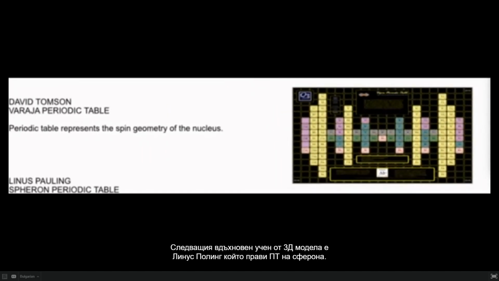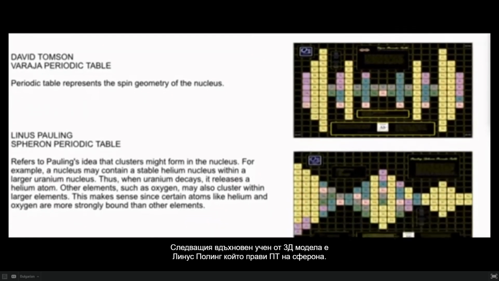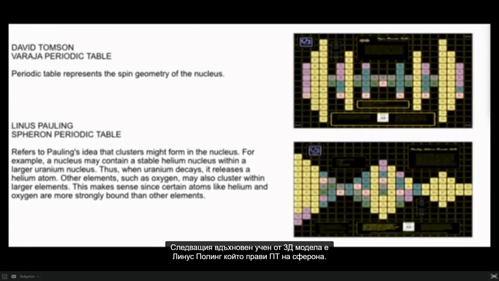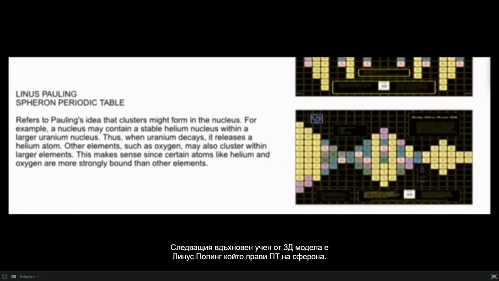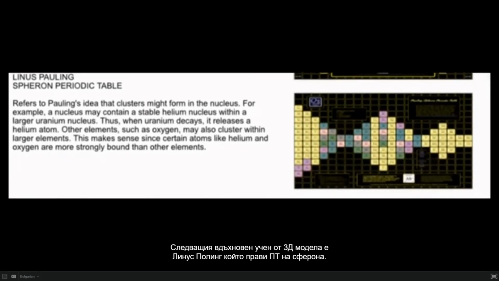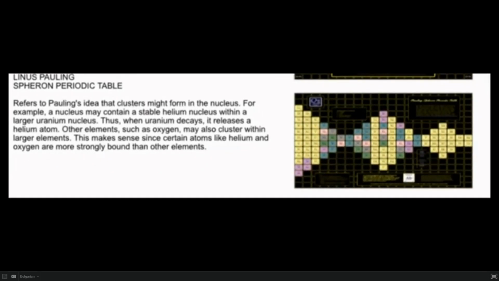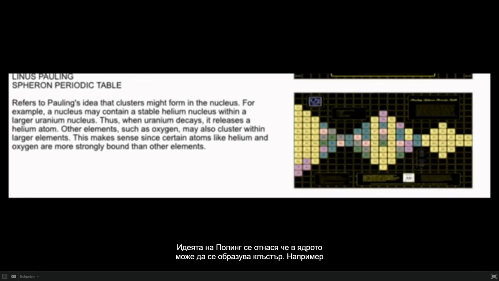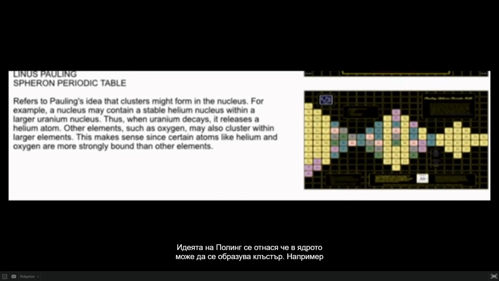The next scientist who was inspired by the 3D model was Linus Pauling, and he made the spheron periodic table. It refers to Pauling's idea that clusters might be formed in the nucleus. For example, a nucleus may contain a stable helium nucleus within a larger uranium nucleus.